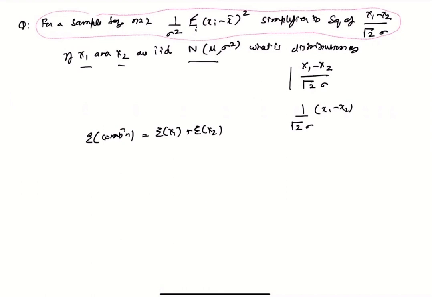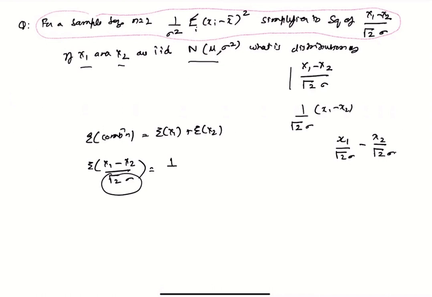In this case it is a subtraction, so the expected value of (x1 minus x2) upon under root 2 sigma can also be written as x1 upon under root 2 sigma minus x2 upon under root 2 sigma. So you're just multiplying by 1 upon under root 2 sigma.